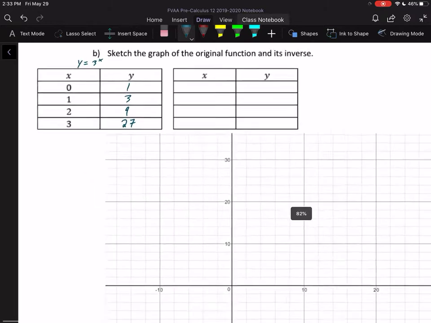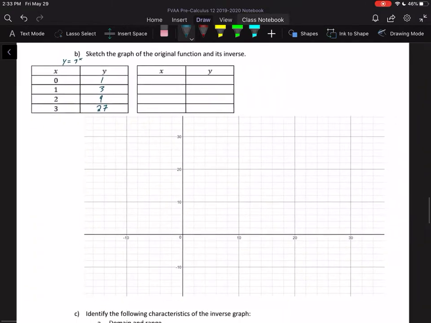So let's plot those points in on my bluish green here. So (0, 1), (1, 3). It's a strange scale here. (2, 9). Is that (1, 3)?